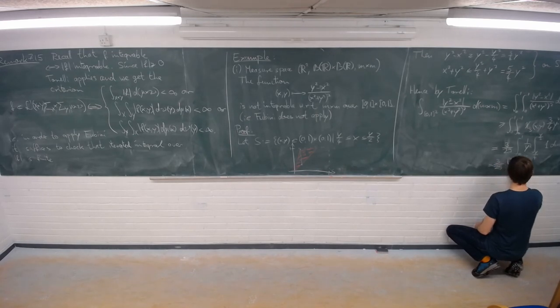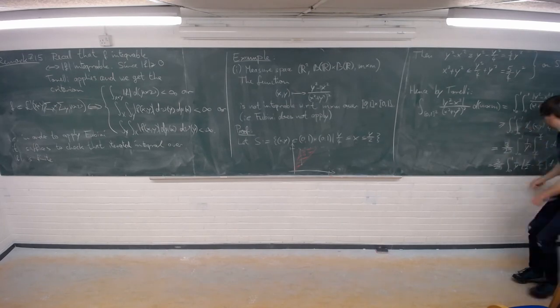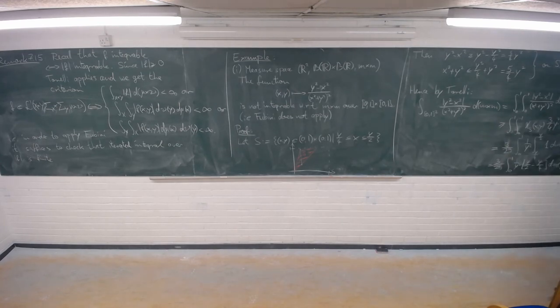3/25, integral 0 to 1, 1 over y squared, and then this integral gives us just y over 2 minus y over 4, dm of y. The difference is just y over 4, right?